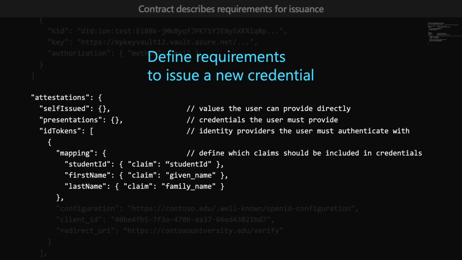For the credential flow, you can request a user to present self-issued information like, I don't know, their font color or size, etc. But you could also ask them to present verifiable credentials or even traditional ID tokens. Like in this case, Contoso University can configure it to say sign in with an ID token, an identity token, just like a JSON Web Token based on JWTs, which says we need to know a signed claim about your student ID, your given name, and your family name.